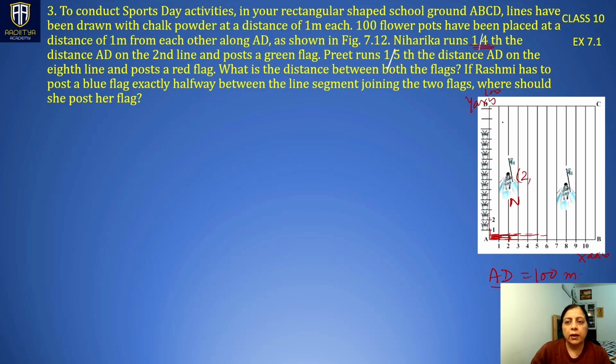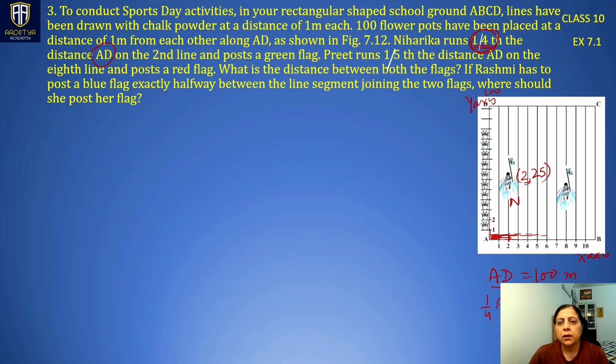And if we talk about y-axis, the vertical distance she has covered is 1/4 of the whole AD. 1/4 of AD, that is 1/4 of 100. 1/4 of 100 is 25. So the coordinates for Niharika, assuming these AB and AD as x and y axis respectively, she is on the point 2, 25.